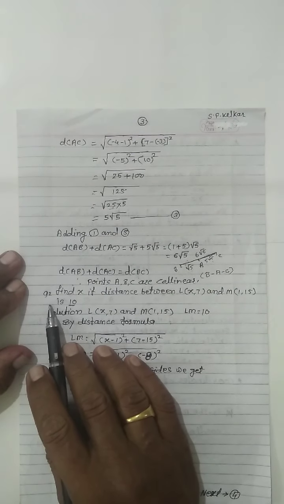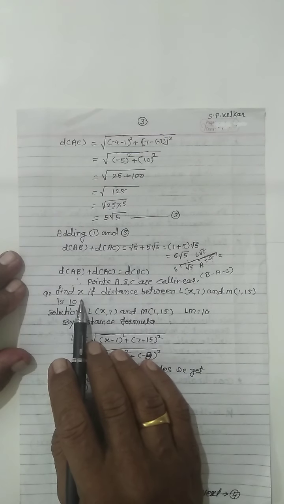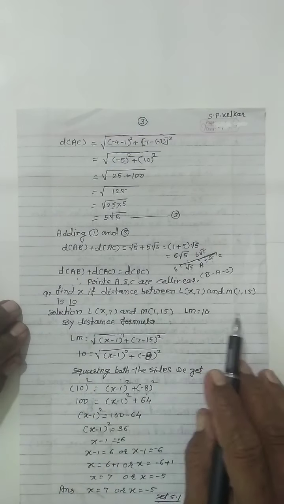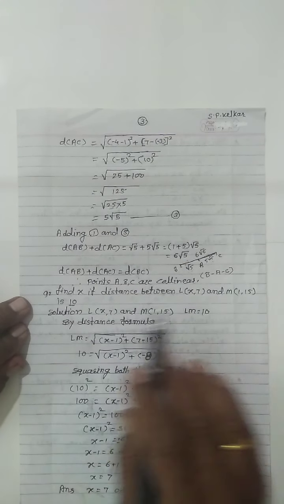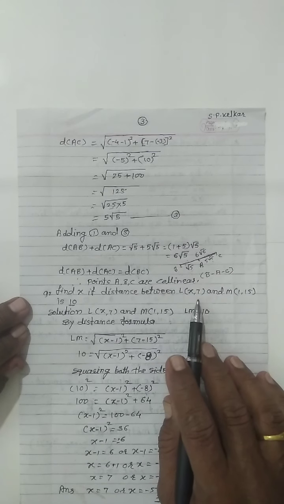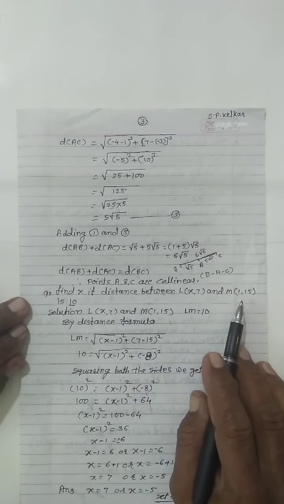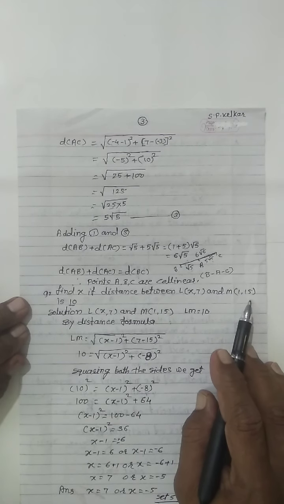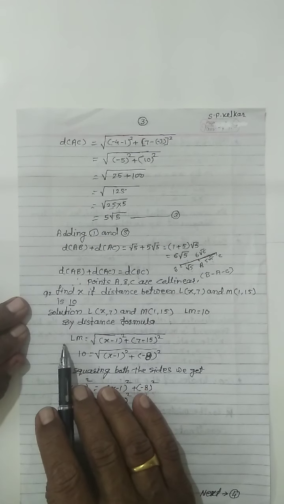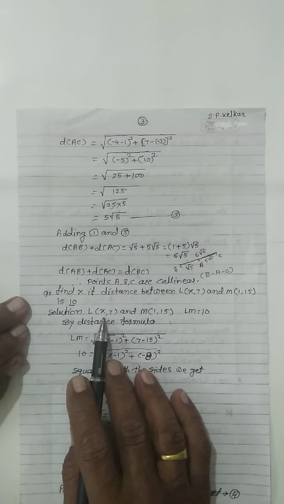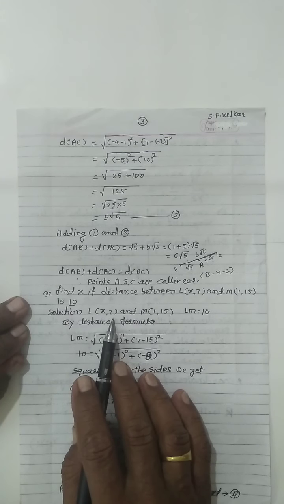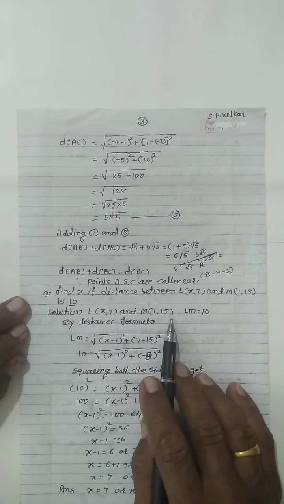Then we see the second question, that is: find x if the distance between L and M is 10. The coordinates of L are x, 7 and M is 1, 15. Now, in the solution, write down the distance formula. L equals x, 7 and M equals 1, 15.